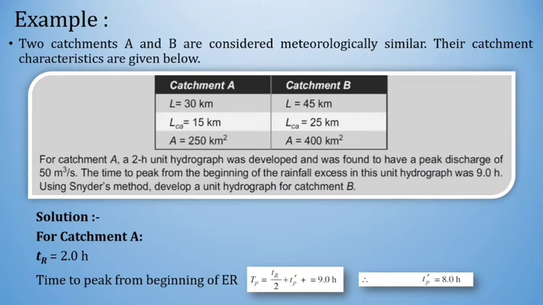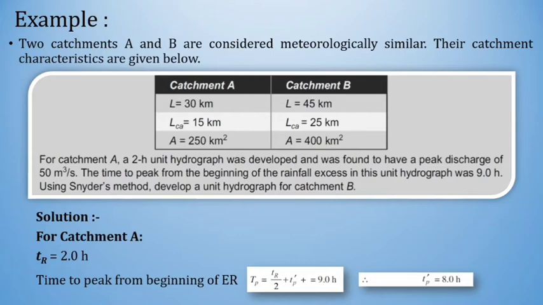So in detail, the various parameters for catchment A are given and you are asked to find out a unit hydrograph. You have to develop a unit hydrograph for the similar catchment B. So in the solution for catchment A, we have to first of all find out various parameters from the given data.